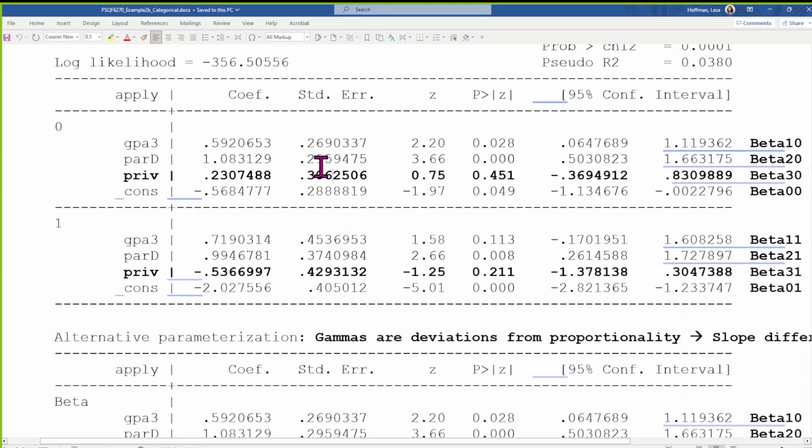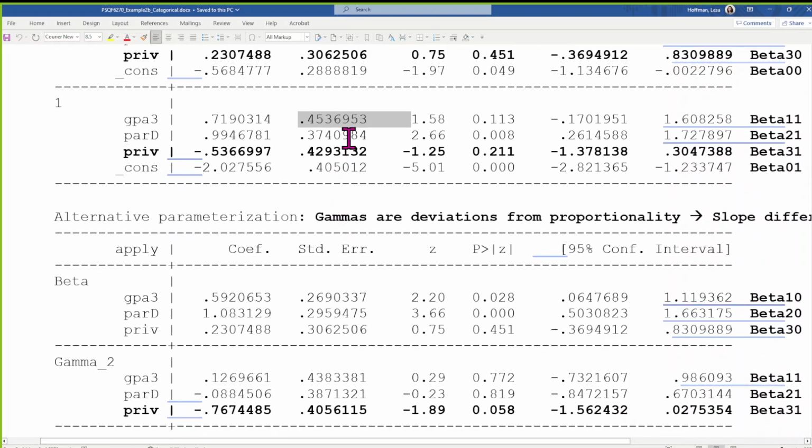Does it surprise you how different the standard errors are? No. Why are they so different? Because we have fewer people. There's only 10% of my sample who answered a 2. So I have much less precision with which to judge the slope. It would fluctuate more across samples.